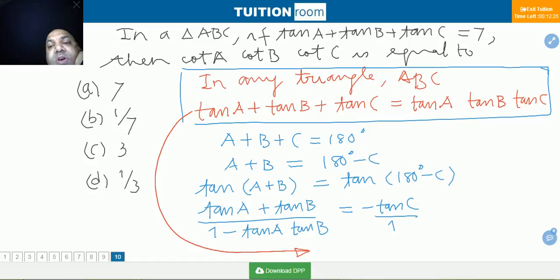Now I am moving to the solution of the problem.